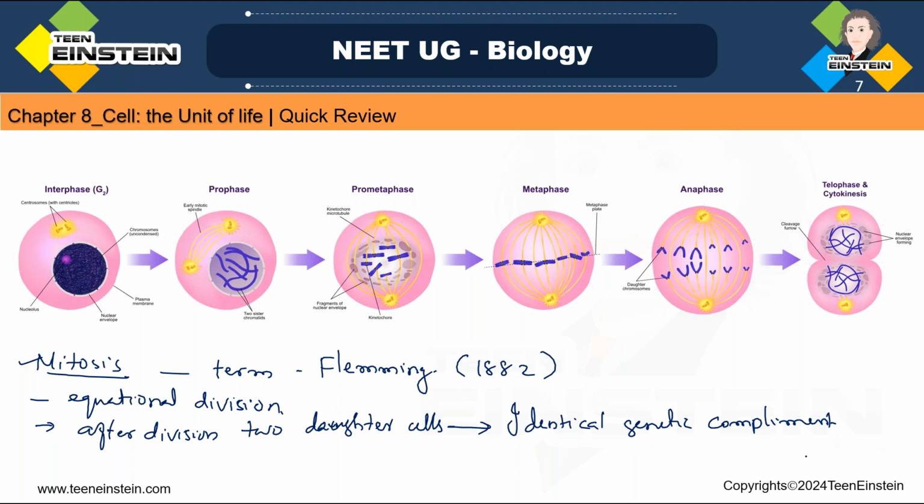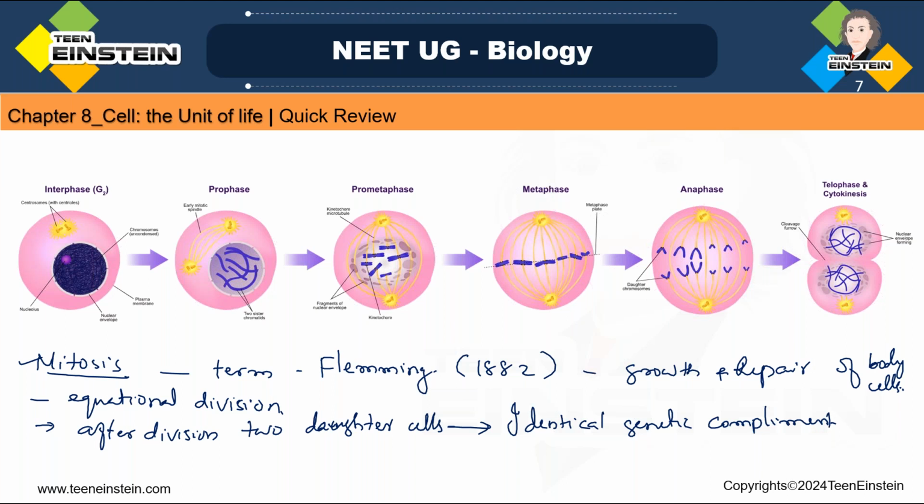The phenomenon of mitosis takes place in the somatic cells of animals and plants, and it mainly works for the growth and repair of body cells.